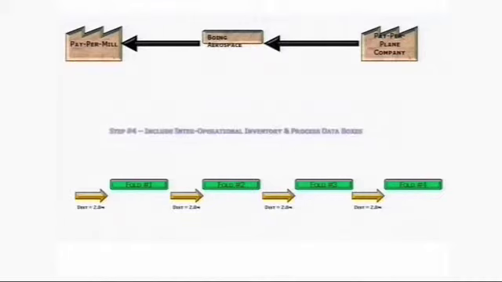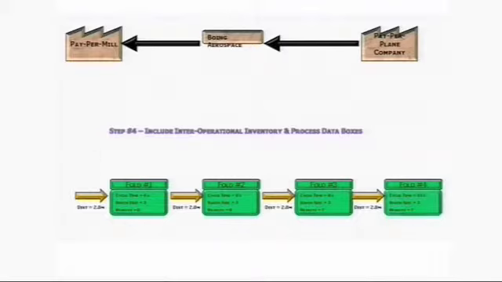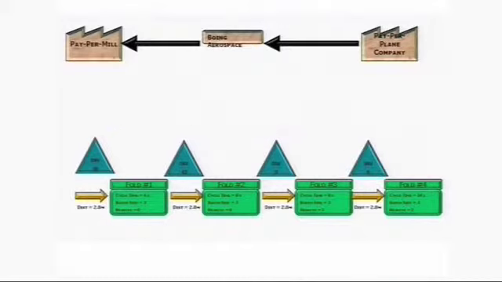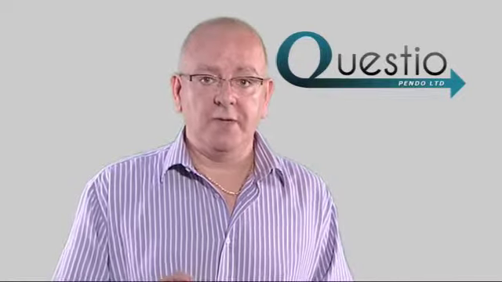Step 4 is where the map starts to take on the characteristics of a value stream map. For each of the process steps that we've already identified, we then have to put down some meaningful data below each of those process steps. It's down to you as the mapping team to decide what data it is you place upon them.